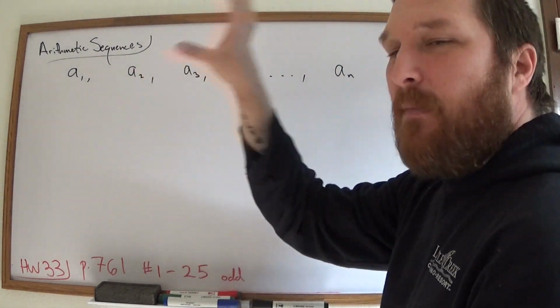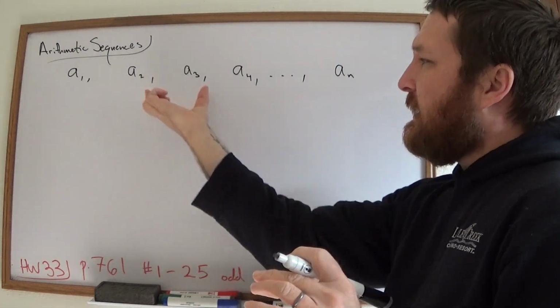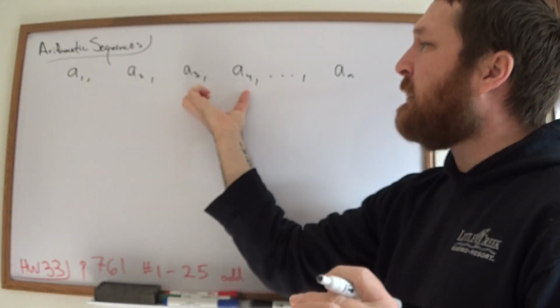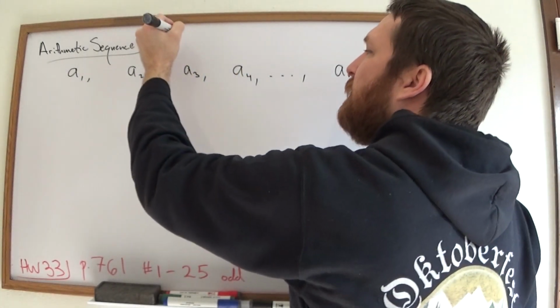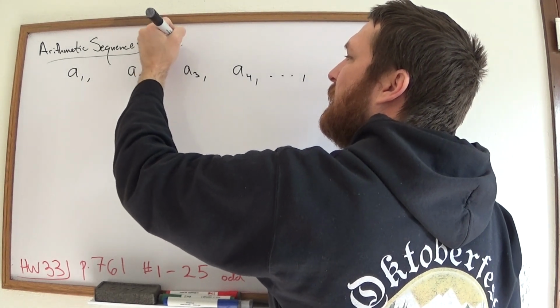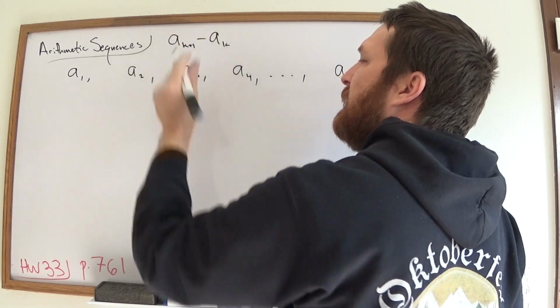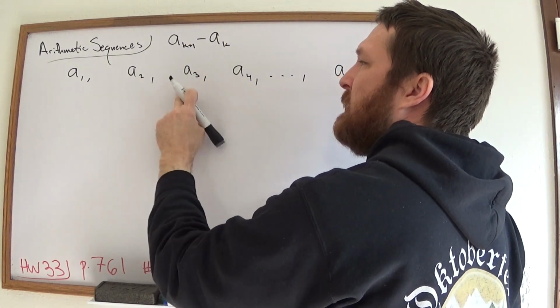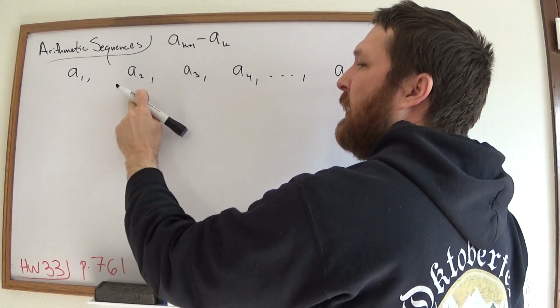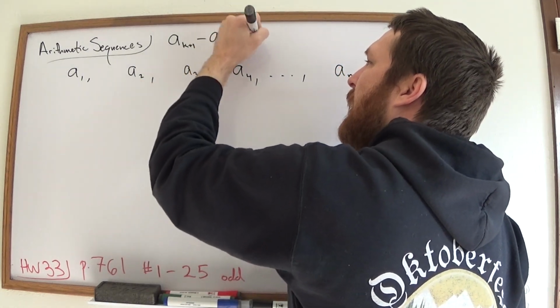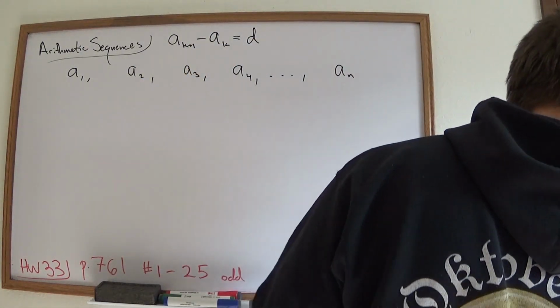And if it's an arithmetic sequence, what that means is that each one of these pairs has a common difference. So if you take the next one and you minus off the previous one, so A4 minus A3, or A3 minus A2, or A2 minus A1, you get a common difference.